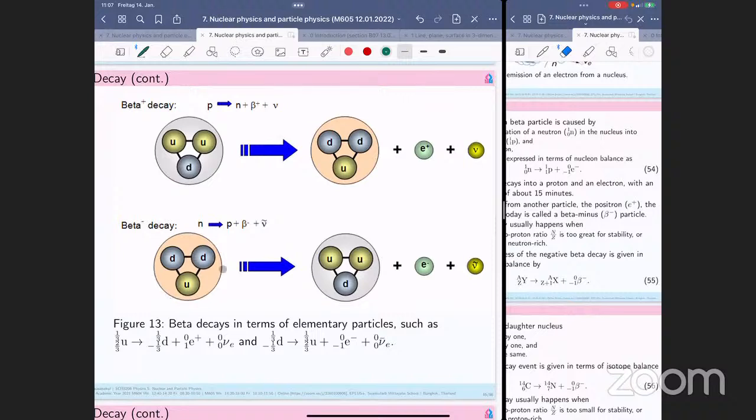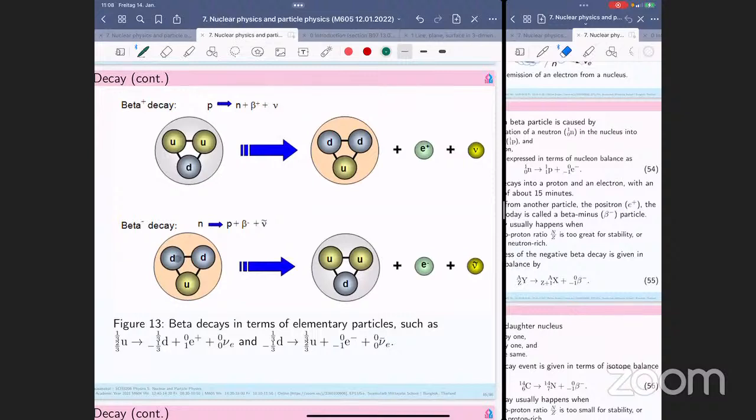Beta decay, you start from a neutron. Of course, a neutron has two down quarks and one up quark, and they are connected by gluons. Okay, gluon is another type of particle which is a boson, right? They are used to glue quarks inside the particle to form a baryon, like a proton or neutron, that has three quarks.